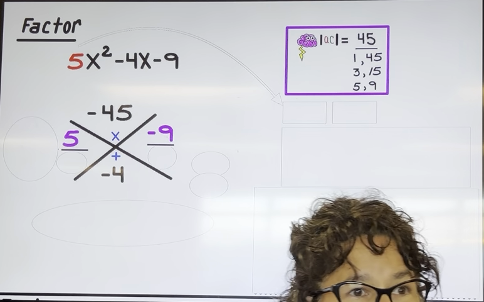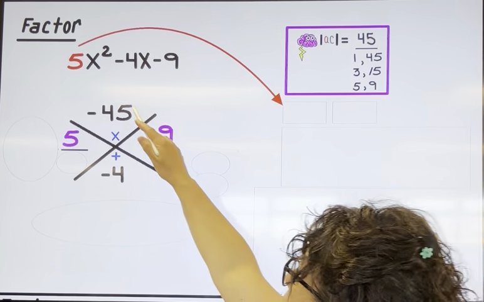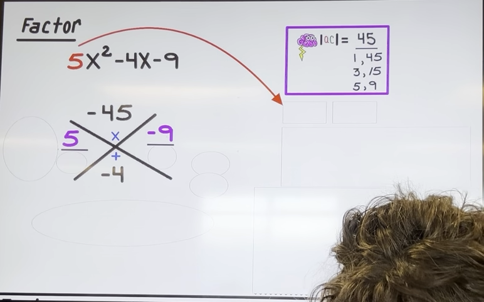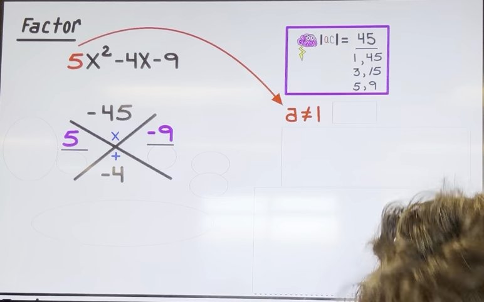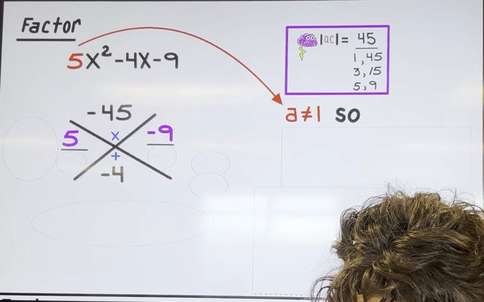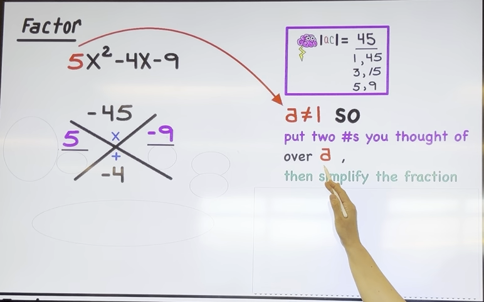Now what's different is since the number in front is 5, something that's not 1, since the A is not equal to 1, what we're going to do is put the numbers that we just thought of over A, so it's going to make a fraction, and then simplify that fraction.